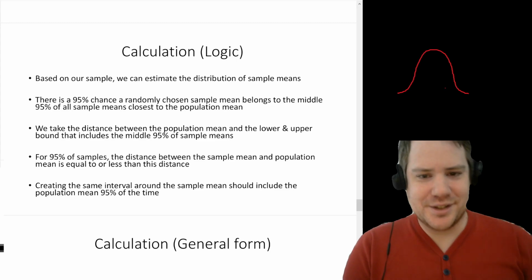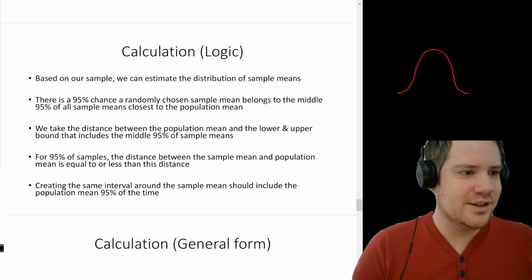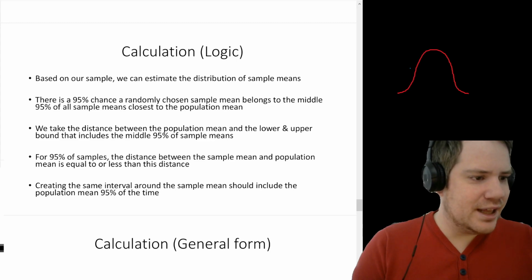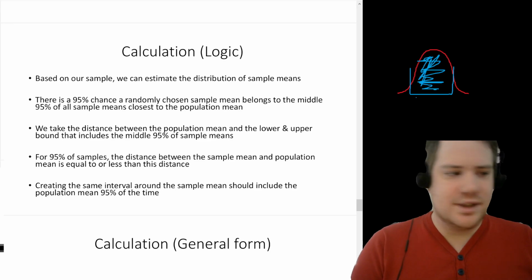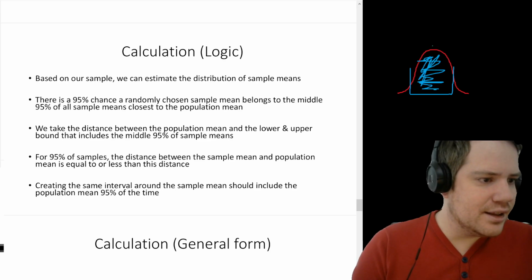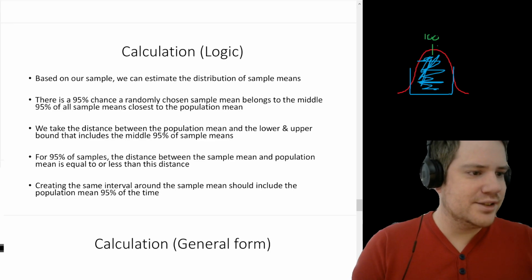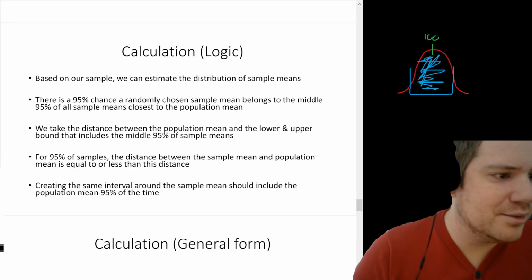We assume that this is the distribution of the sampling from the sample means. We then take, okay, we want the middle 95% of the scores. Let's say that's this part. And well, that's the middle. That's the population mean.